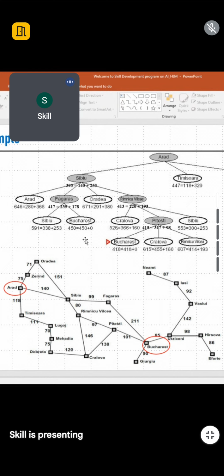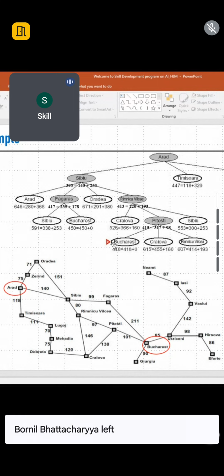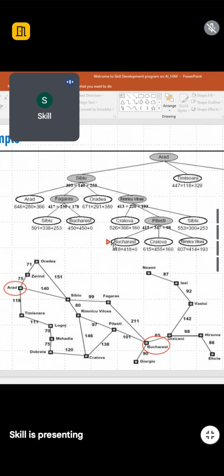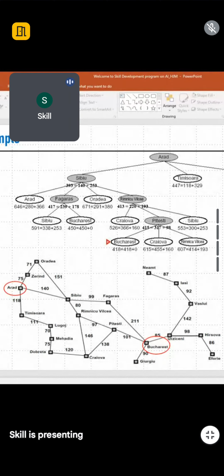As Bucharest to Bucharest is 0, it's mentioned already. So finally we will get these values for all the fringes, and we have reached Bucharest here. So here you can see we are getting 450 and here we are getting 418. So the least will be 418 only. So we will consider this as the least distance, or the least cost, to reach the place Bucharest. Just see the example once, then we will move on to the next slide.